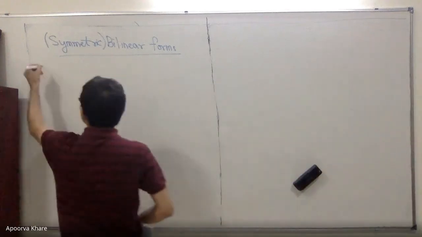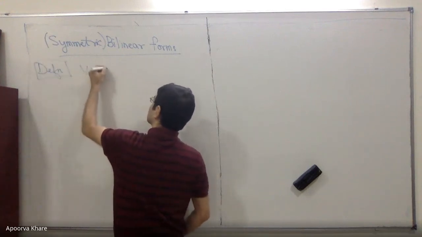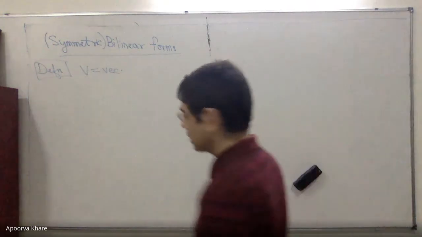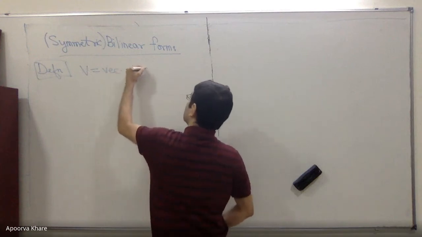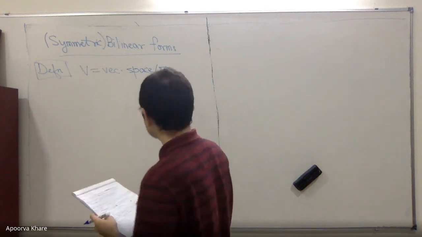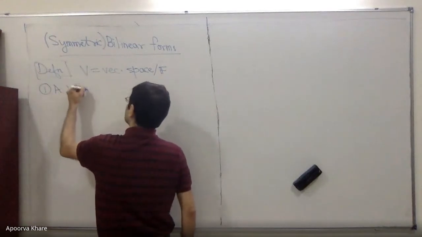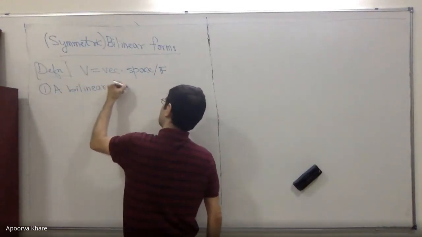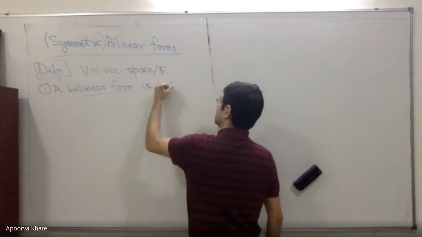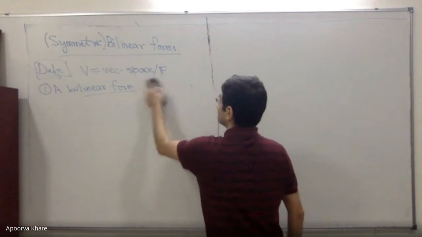So, V is a vector space over F. Now a bilinear form is precisely just a bilinear map, which we have seen.